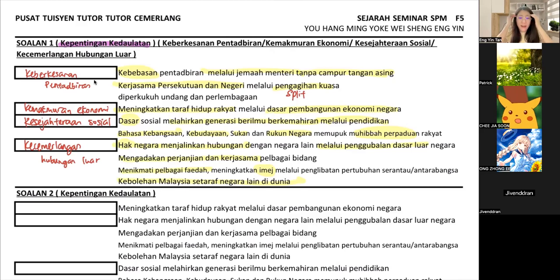Yeah, langkah-langkah. One is the langkah-langkah mempertahankan kedaulatan. Like, what do we need to do to defend the kedaulatan? Which is the last part, 1.4.1. Later, when I do the essay question, I will show you the langkah-langkah.